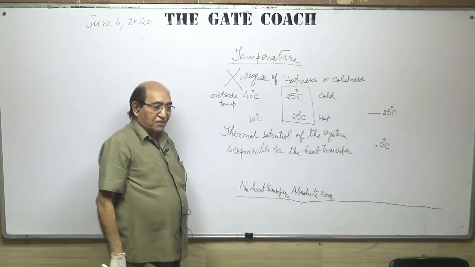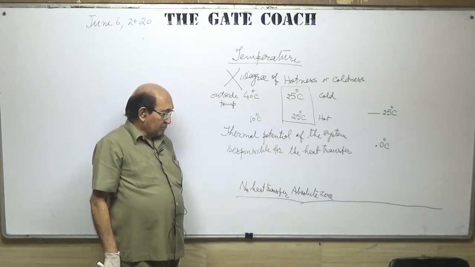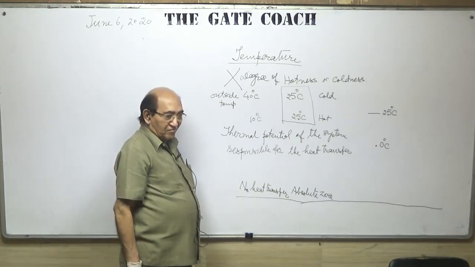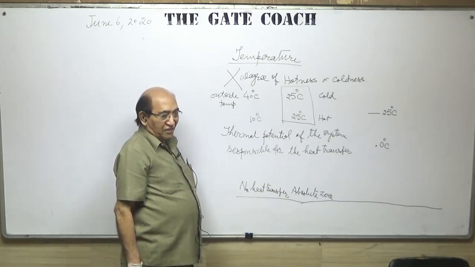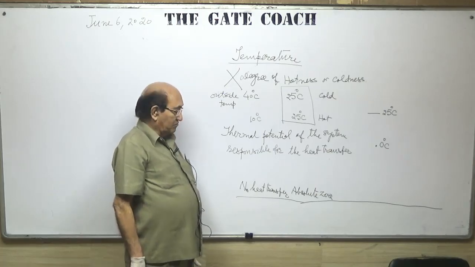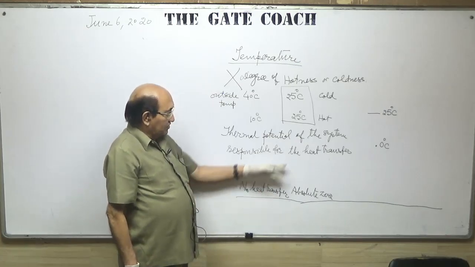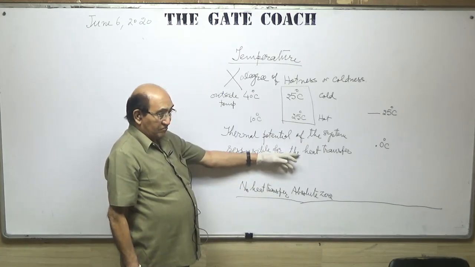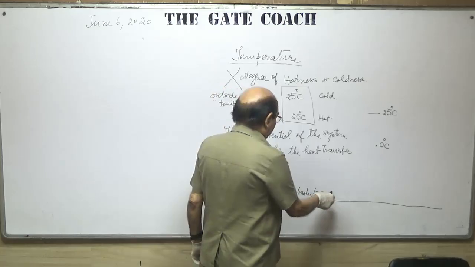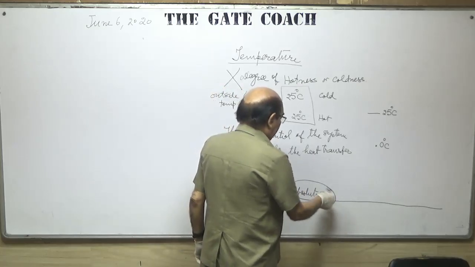When we talk of average kinetic energy of the molecules, we can say when the molecules are dead. They are never dead, but ideally, let us imagine molecules are dead, there is no kinetic energy. Temperature is absolute zero. Zero means no heat transfer. And that temperature is called absolute zero.